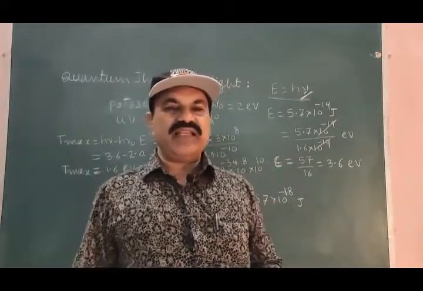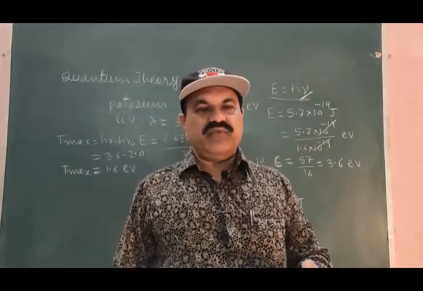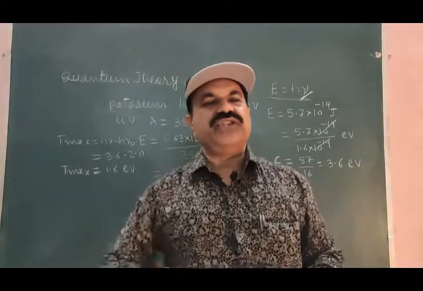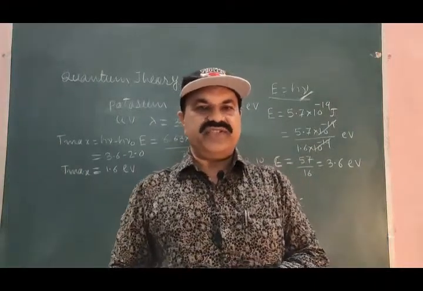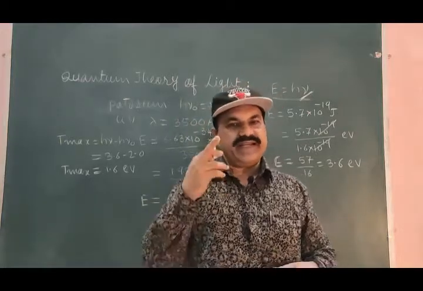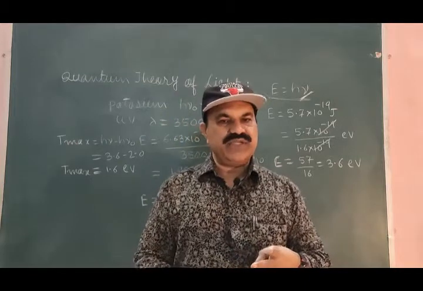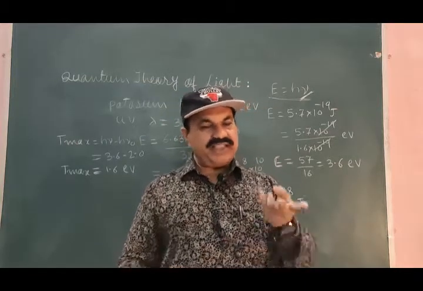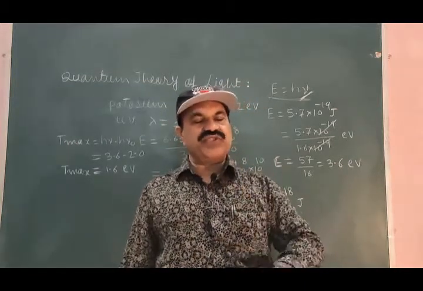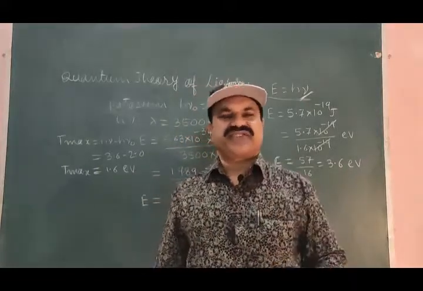And therefore, in the everyday notion, we have to accept both the forms of light energy. That is, light has wave nature, light also has the quantum nature. We have to accept these two forms, these two natures, along with the apparent contradictions.